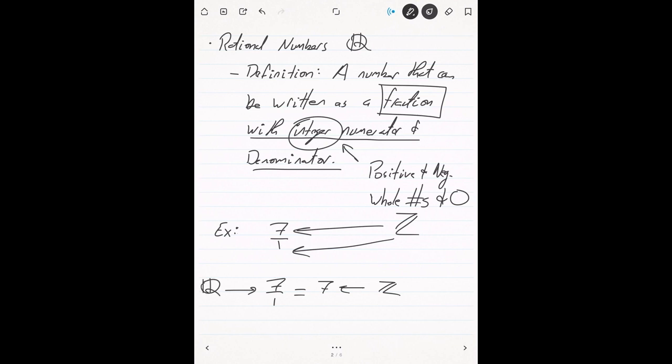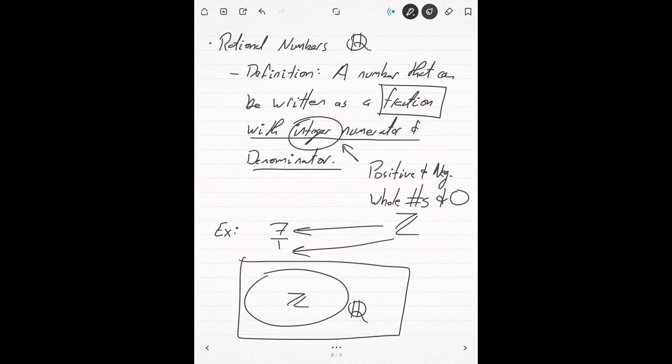What this shows us is that different numbers can belong to multiple categories. Every single integer, let me try to make a little diagram here, every whole number, is also a part of the rational numbers. So let's say this box represents all the rational numbers.